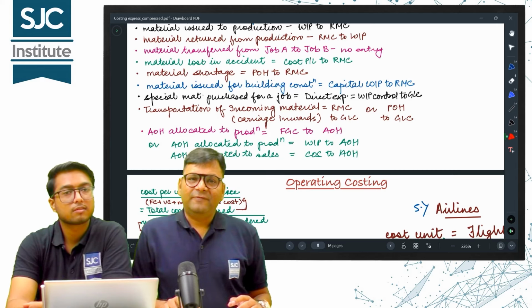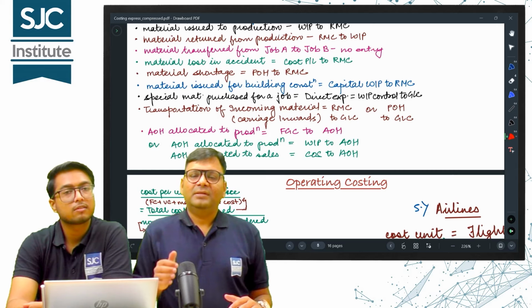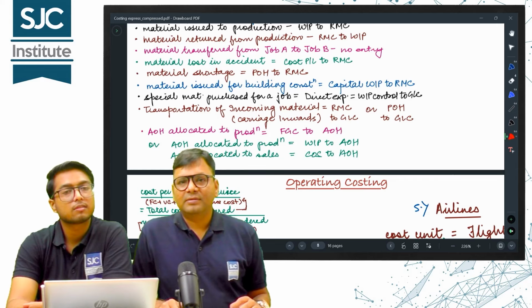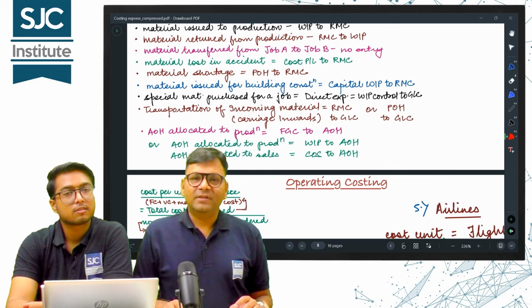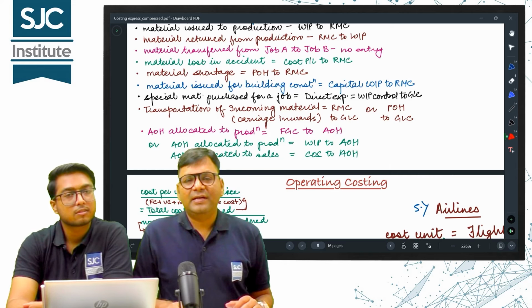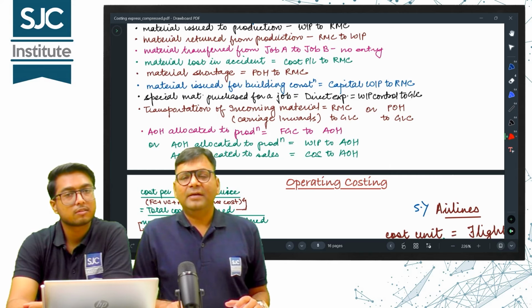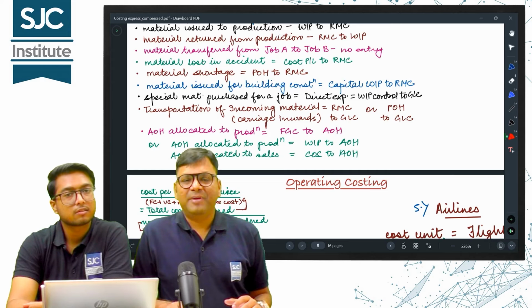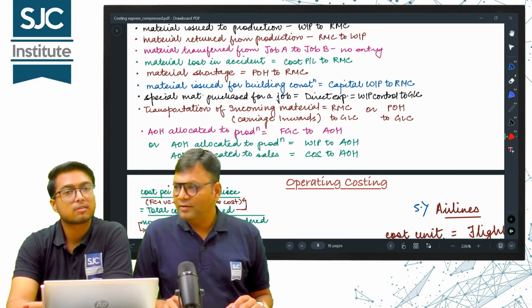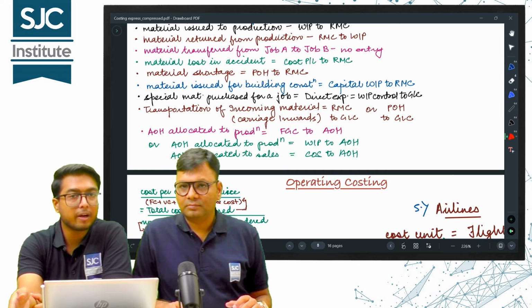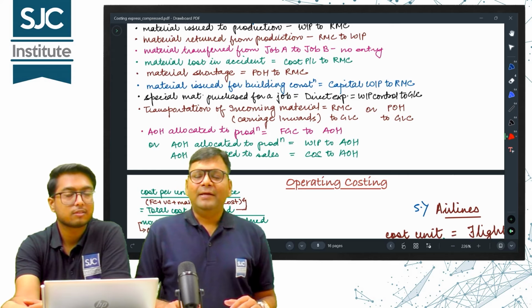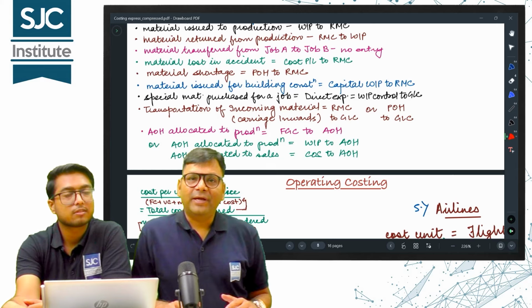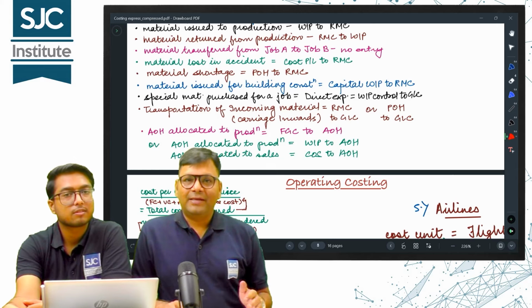I will give one more instance of journal entry for revision. If direct wages and indirect wages both are given, then how do we pass journal entries for that? At first we add both direct wages and indirect wages and pass the entry for wages incurred: wages control account debit to GLC account. Now we also have to allocate the wages to direct and indirect.